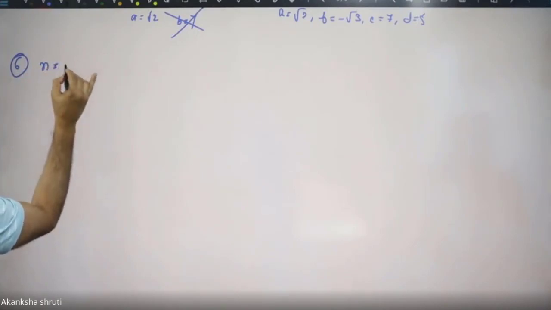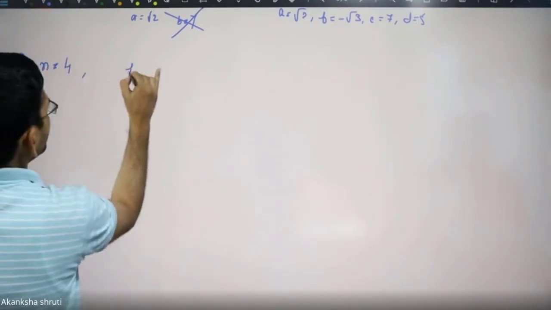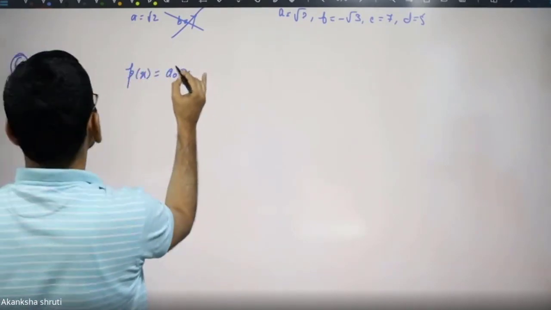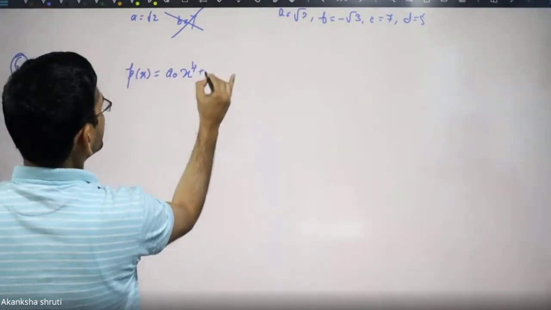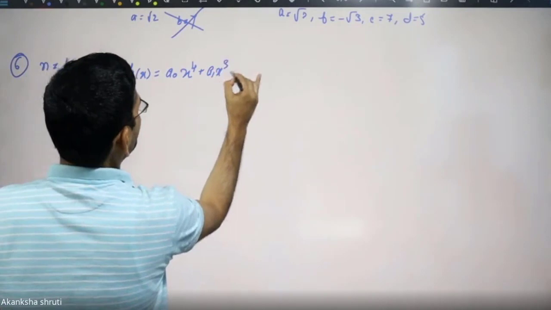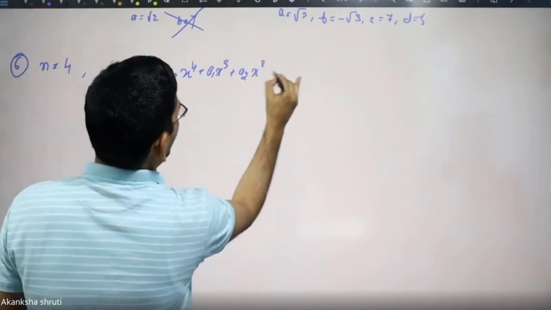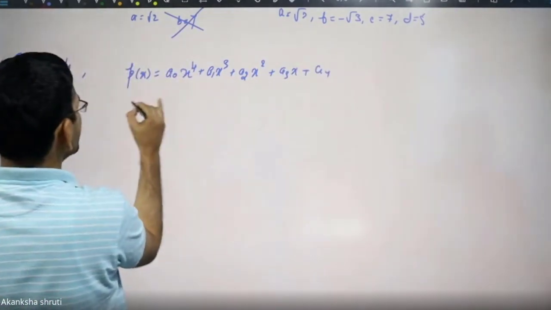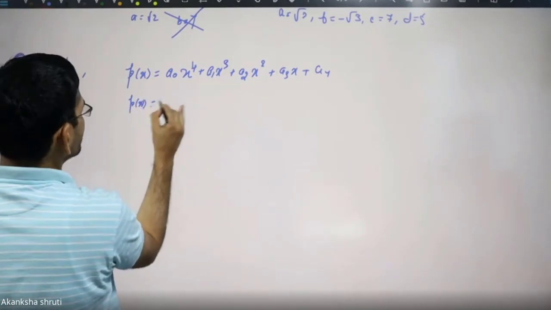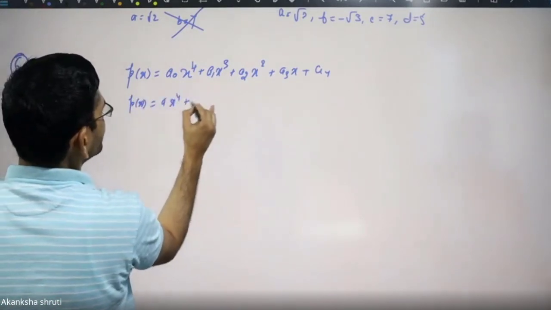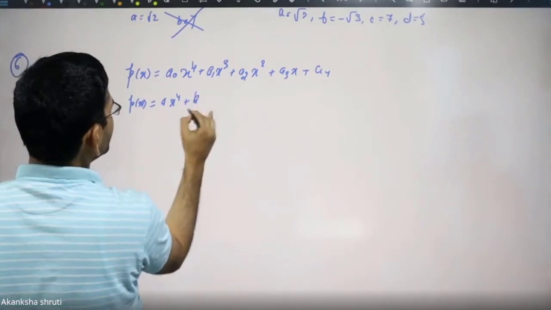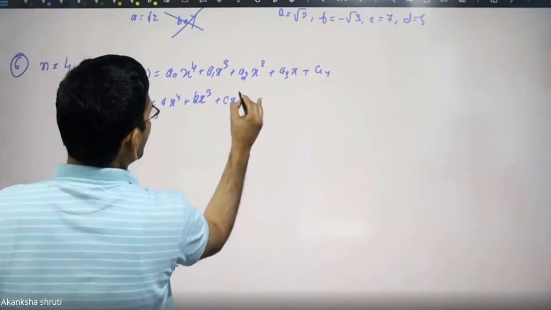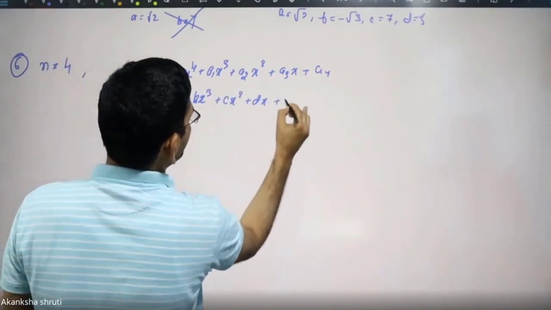If n value is 4, the polynomial p(x) will be given by a0 x to the power 4 plus a1 x cube plus a2 x square plus a3 x plus a4, or this may also be written in terms of a, b, c, d: ax to the power 4 plus bx cube plus cx square plus dx plus e.